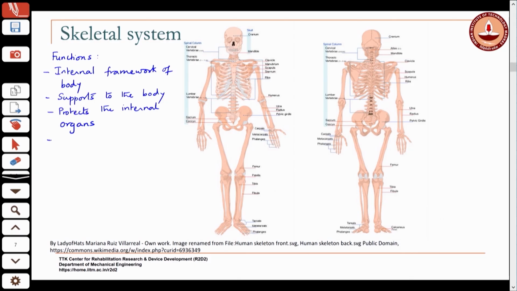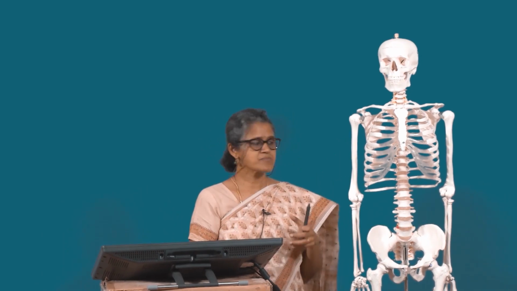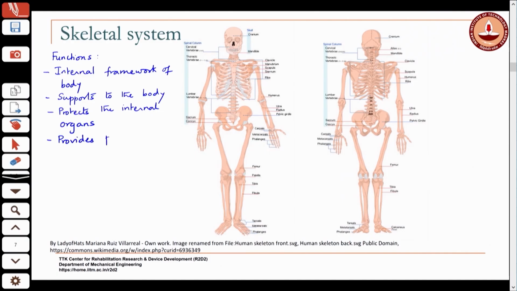Then we talked about what causes the various parts of the skeleton to move: the muscles. So, where will the muscles attach? They also attach to the bones, to the skeletal system. So, the skeletal system provides points of muscle attachment, and it also has other functions, like it is a living organ.